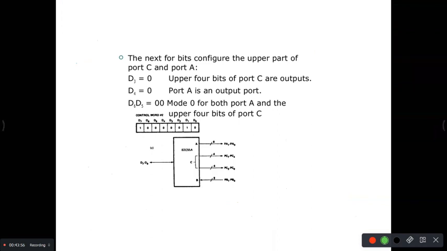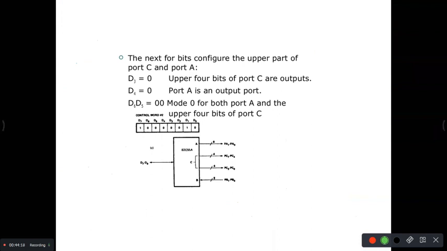See, when you get confused, when you have multiple microcontrollers in this microprocessor course, normally we used to teach multiple microcontrollers, not one. And every microcontroller has a control word in it.